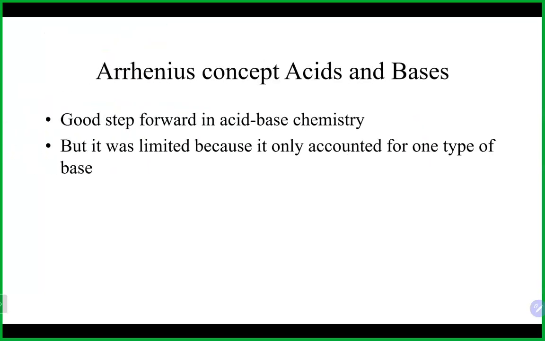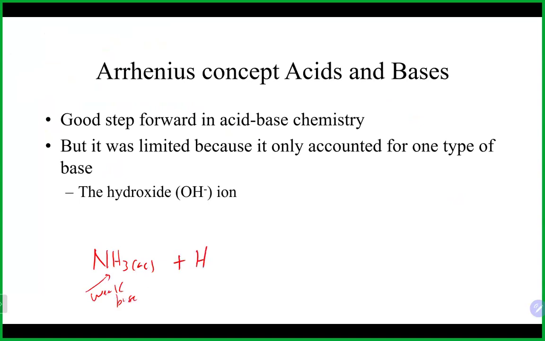Now, the Arrhenius equation was a good step, but it dealt a lot with bases that actually have hydroxide in them. And not all bases have hydroxide in them. For example, as we will see, something like ammonia, which is actually a weak base, can react with water.